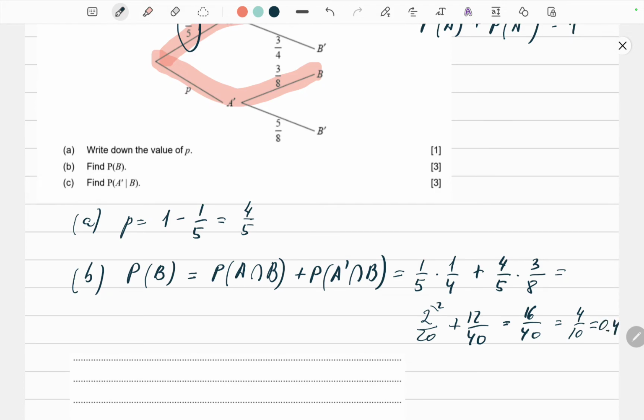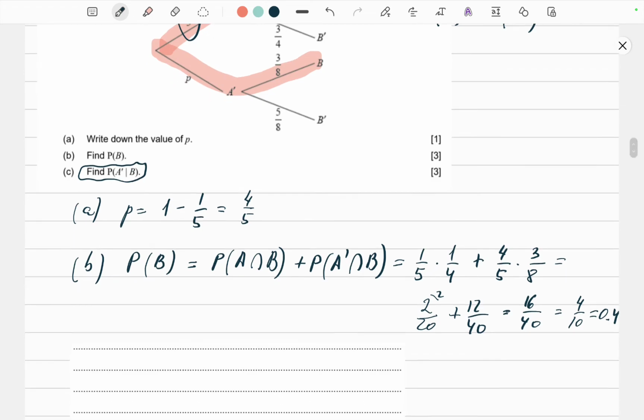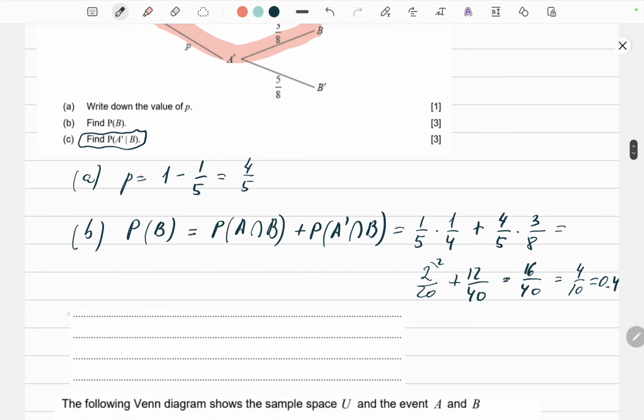Okay, well done. Now part C. It's written with this strange notation, especially for those who have missed or didn't catch this topic in my lesson. Let's solve it. We know that this is the conditional probability formula. Let me write it down. This formula will be given to you during the summative for my class.